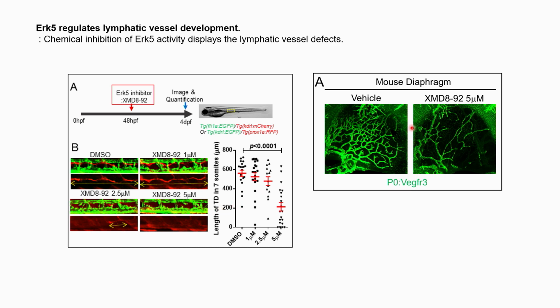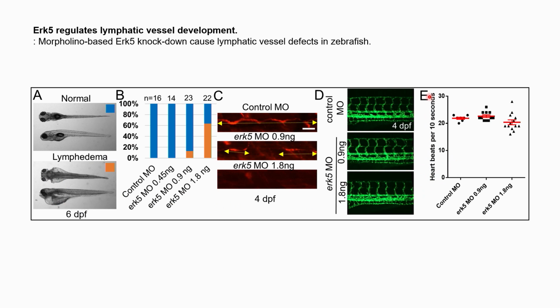Similar to the zebrafish embryo, this ERK5 inhibitor treatment also blocked lymphatic vessel formation in the mouse diaphragm. Next, we reconfirmed ERK5 function using morpholino-based ERK5 knockdown. ERK5 morphants display a lymphedema phenotype at the 6 DPF stage, and they have a lymphatic vessel defect at 4 DPF.